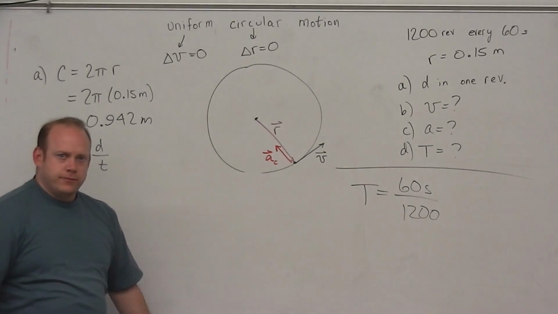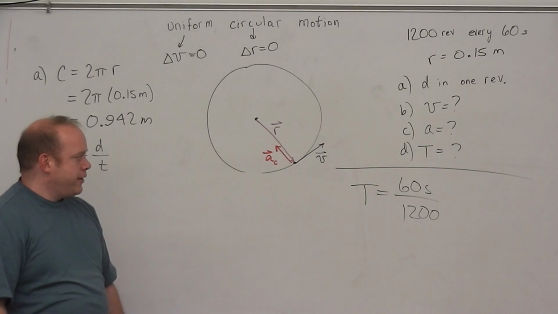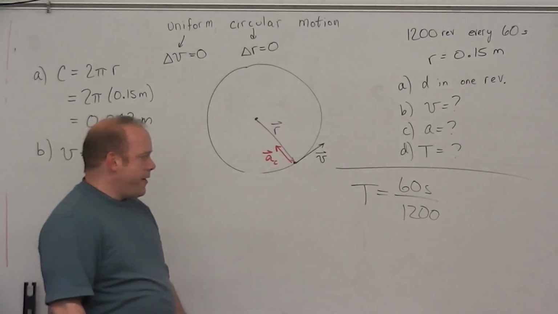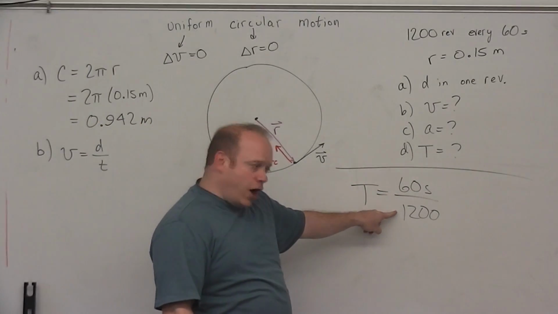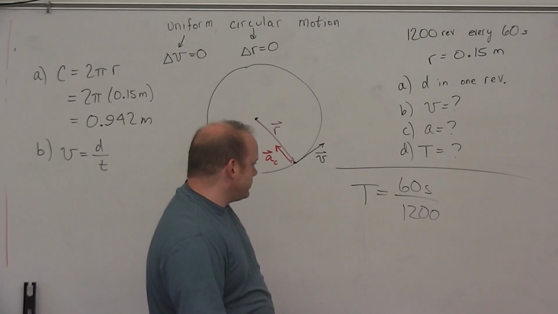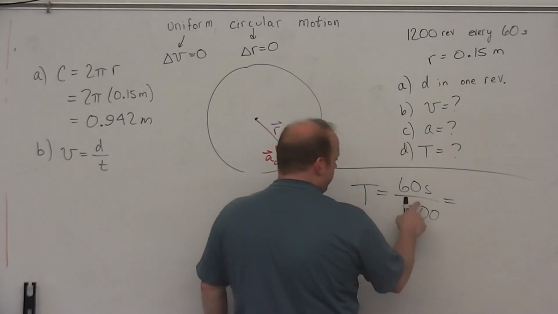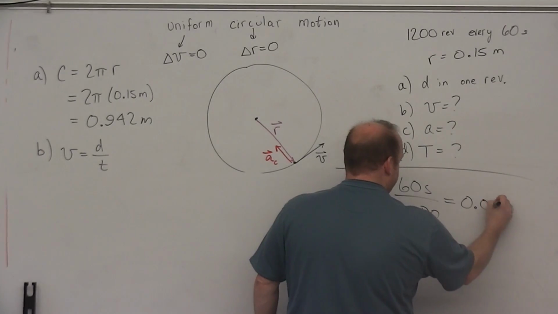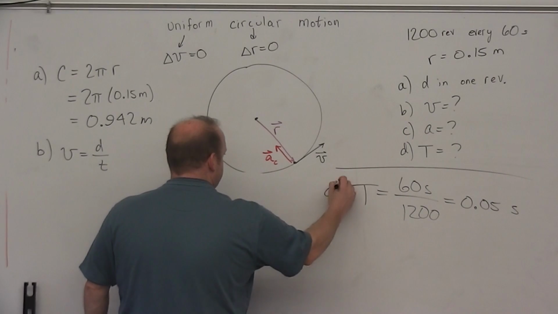I complete 1,200 revolutions in 60 seconds, so one revolution will be 1/1200th of 60 seconds. See, 600 over 1,200 would be 0.5, so this is 0.05 seconds. By the way, that's D.